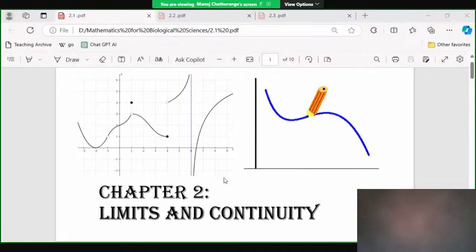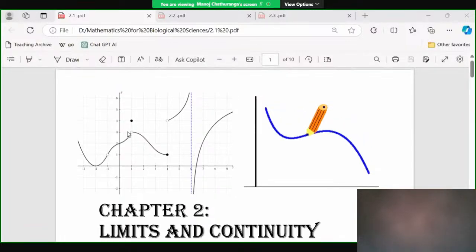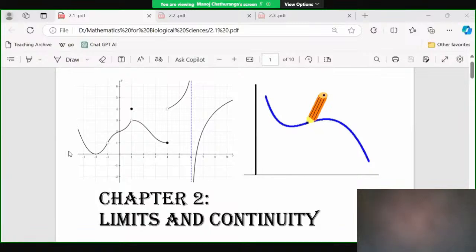So imagine the graph of a function. It can have broken points like this. You see, when x equals 1, there is a hole, or when x equals 6, there is a vertical asymptote, or when x equals 4, there is a gap.